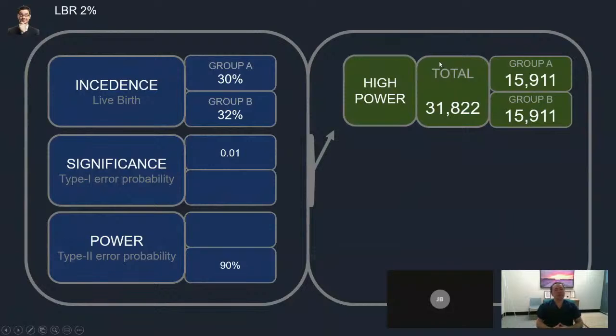Now look at how many patients you need in an RCT to have a properly powered study. Here, with the significance level set to 0.01 and power set to 90%, we need 31,822 patients to achieve high quality research evidence on a certain research question, 15,000 for each arm.